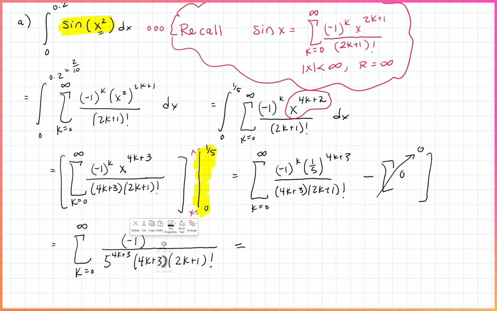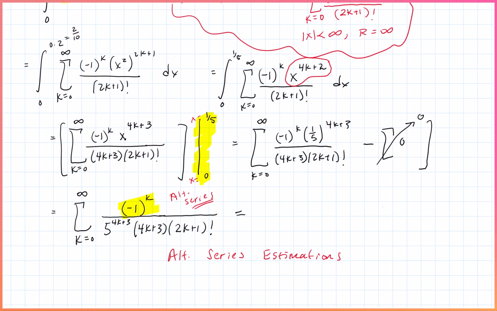One thing I want you to notice right from the get-go is that we actually have an alternating series. And way back in the alternating series section, we had the alternating series estimation. When we did estimations with alternating series, we said that the error is always less than or equal to b sub n plus 1.